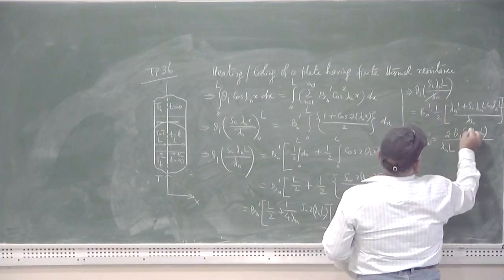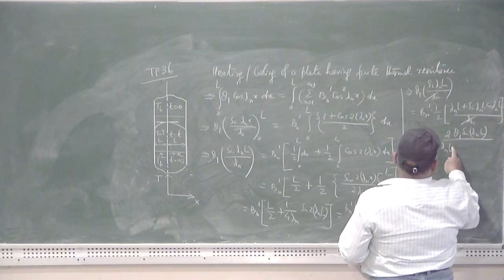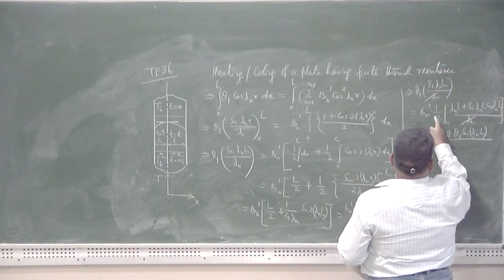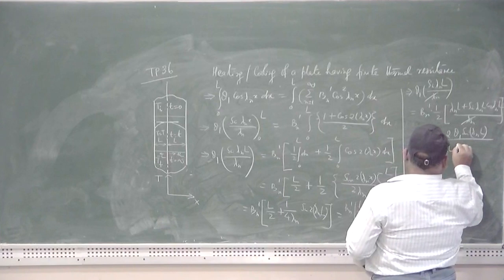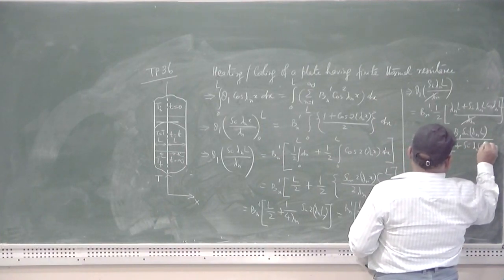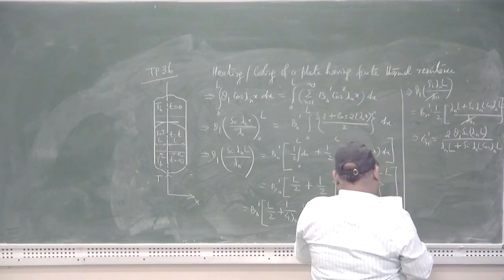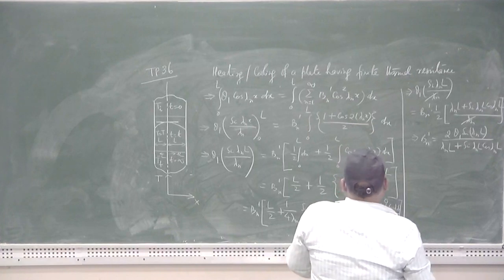This lambda n will get cancelled out, so 2 theta 1 sin lambda nL divided by lambda nL plus sin lambda nL cos lambda nL.